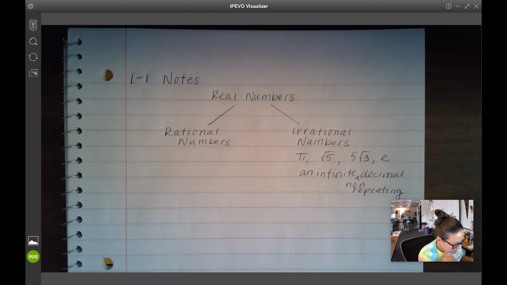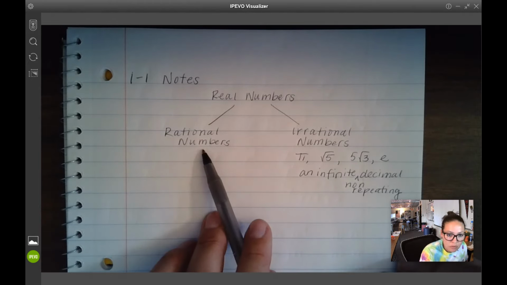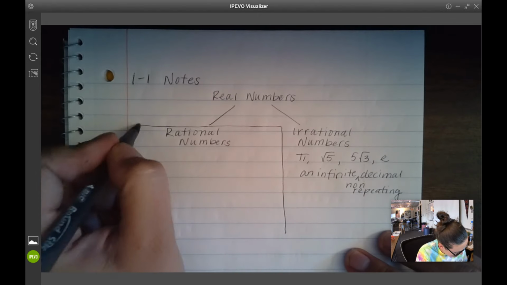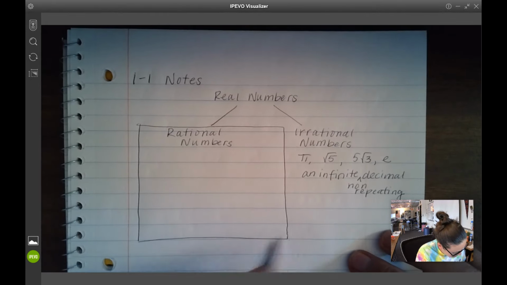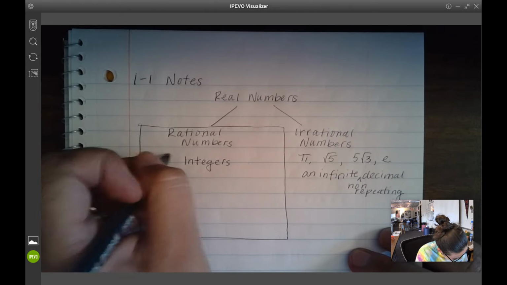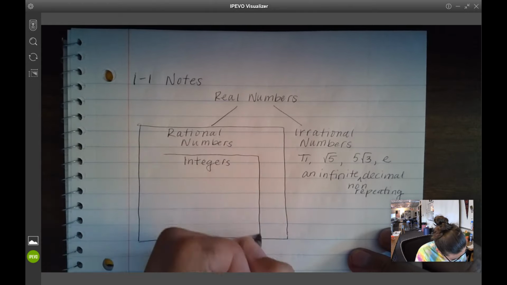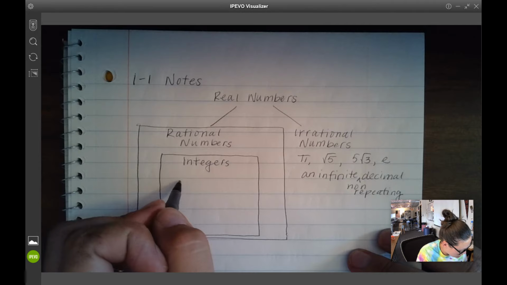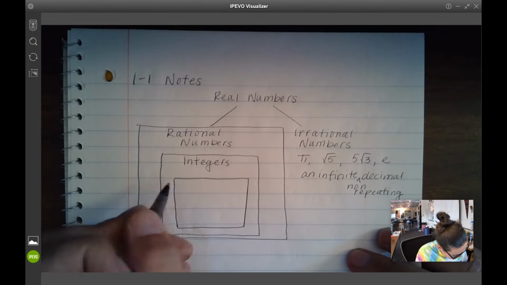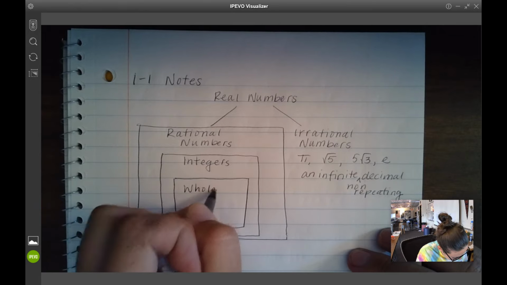Now, within rational numbers, so I'm going to make this a big box here, we have things like integers, and within integers, we have whole numbers.